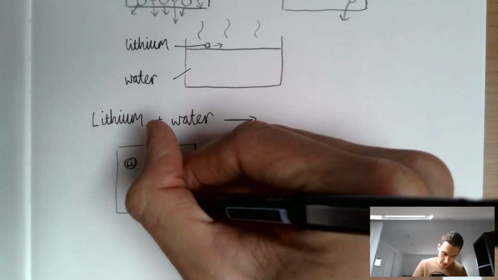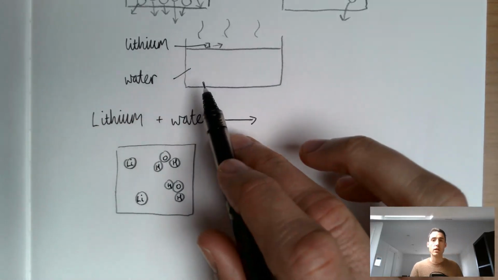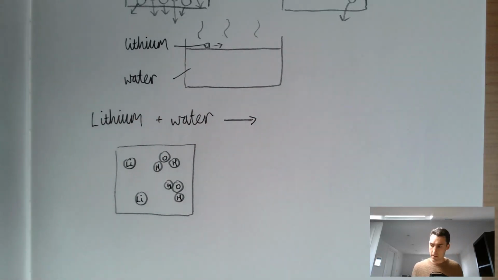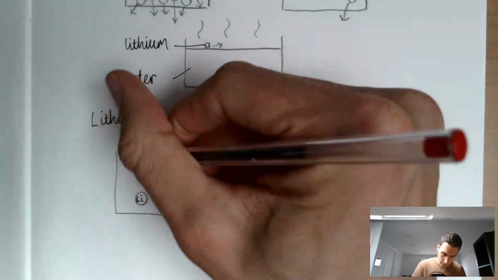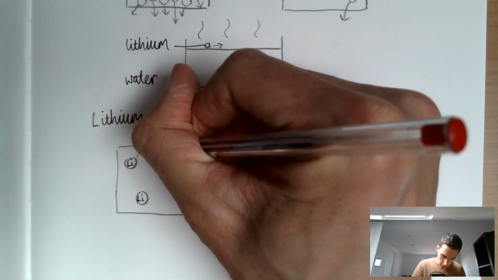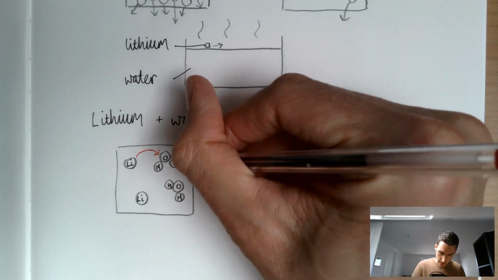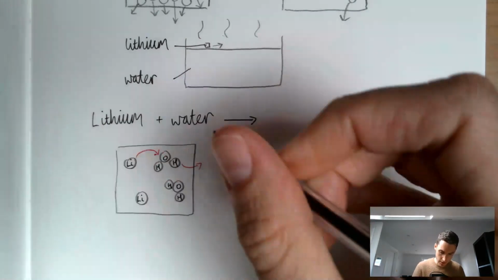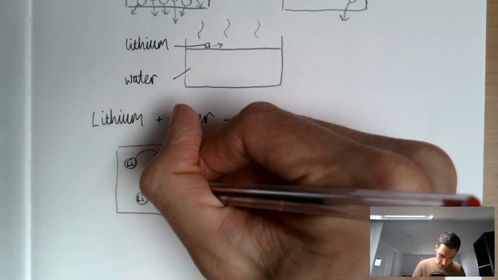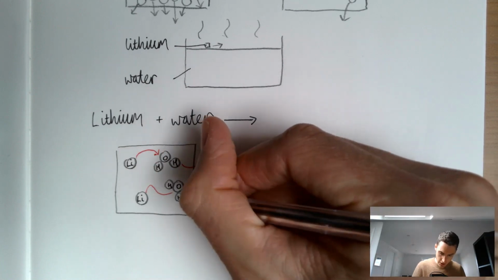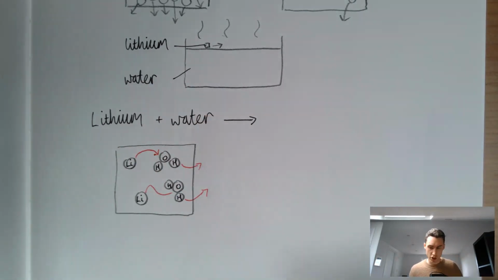And what's happening inside here, when the lithium and the water are reacting, is the lithium is actually going and joining onto one of the O's, and the H gets left over. This happens again over here, like this, and this H gets left over, gets chucked out.